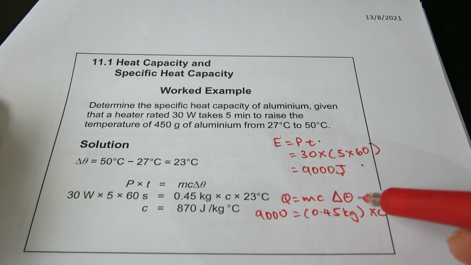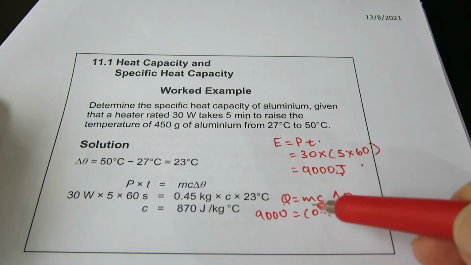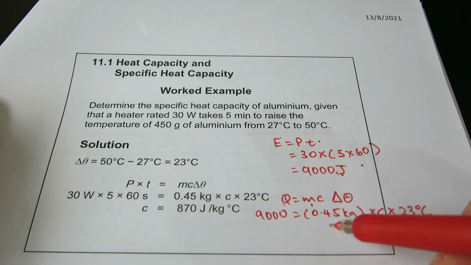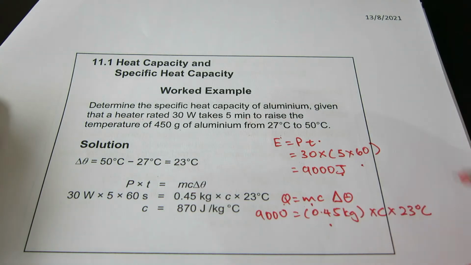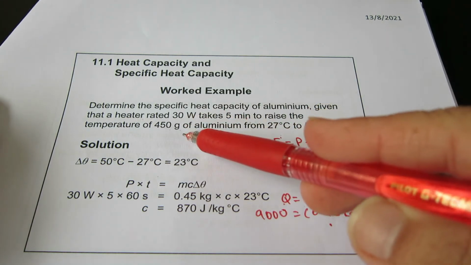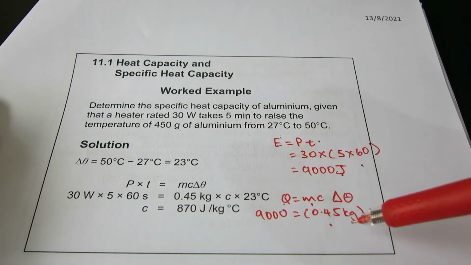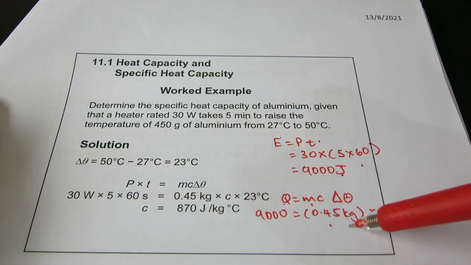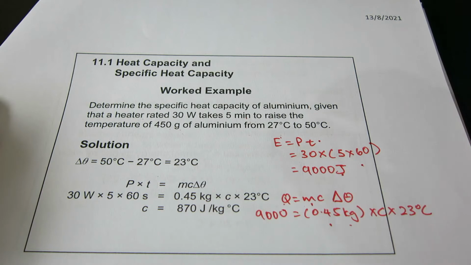Q equals mcΔθ, the amount of energy. The mass of the aluminum is 450 grams. Depending on whether I want to calculate the specific heat capacity in grams or kg, in this case I chose to change it to kg, so my final answer would therefore be in kilograms.